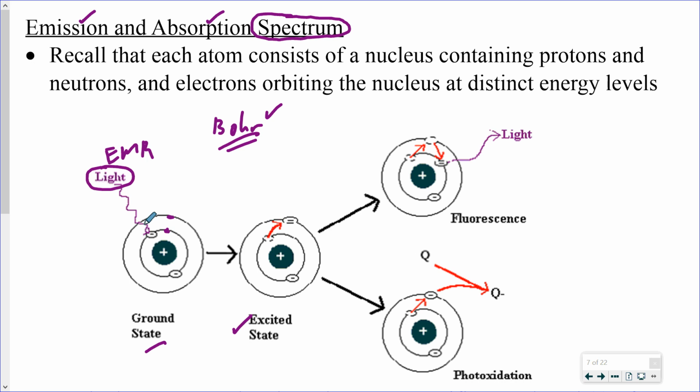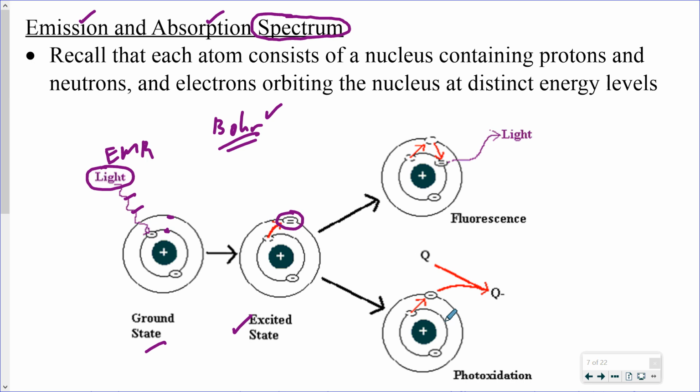What we'll see is that every element is very, very specific in terms of the light that it interacts with. So this particular wavelength, this particular frequency, shows that this element is interacting with that light. That light is being absorbed by the electron. That light is now being removed, but energy cannot be destroyed. It has to go somewhere, and where it goes is bumping up those electrons into the excited state.